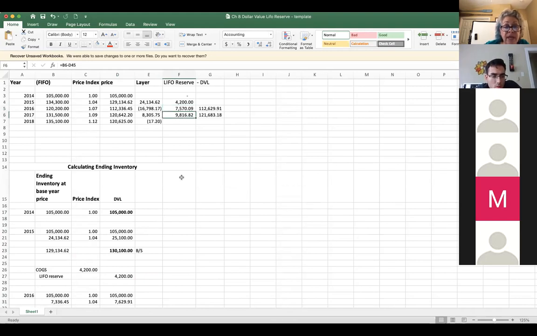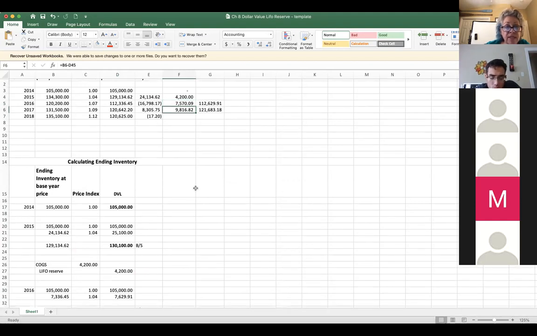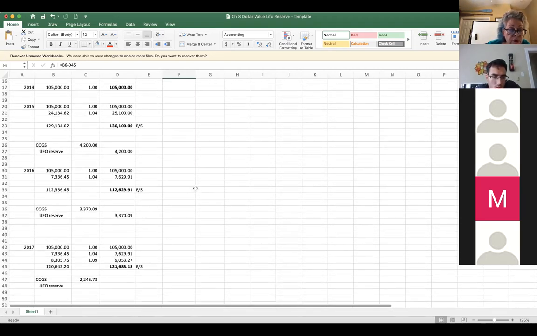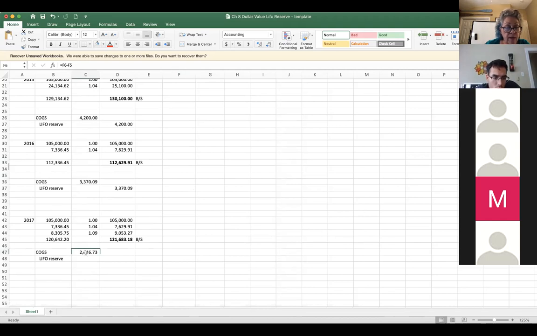I want it to be 9,816.82. So my adjustment is going to be for the difference between these two numbers. In order to get it there, I will need to credit the LIFO reserve for the 2,246.73, increasing cost of goods sold.